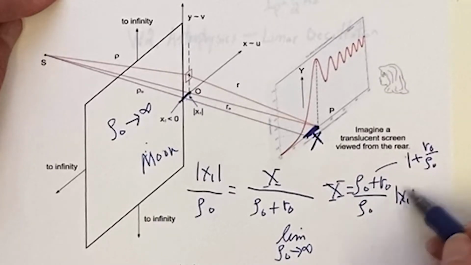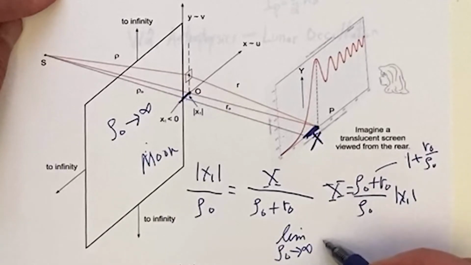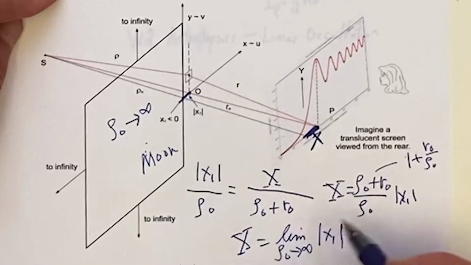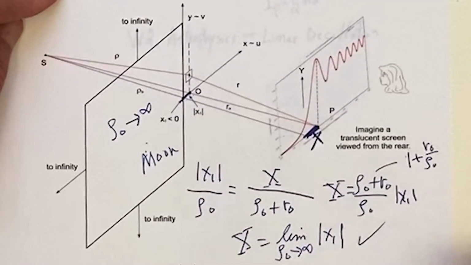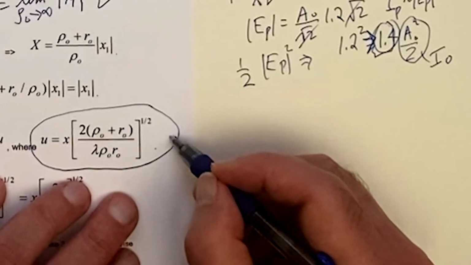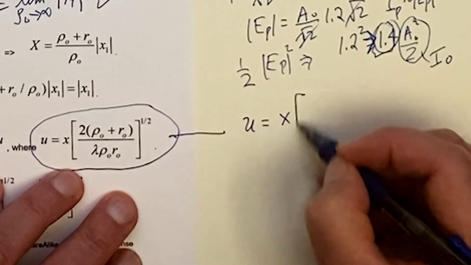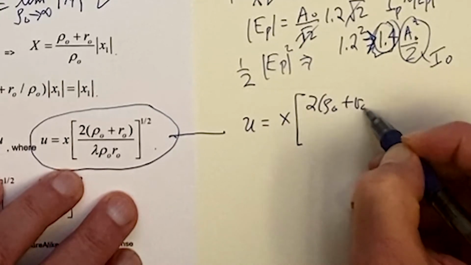If you run rho naught to infinity, you're just going to have 1. So in other words, the big X is going to be equal to the absolute value of the little x. Nice. But now let's look more carefully at this u, which we have from earlier in the course, where we're copying this down from before.